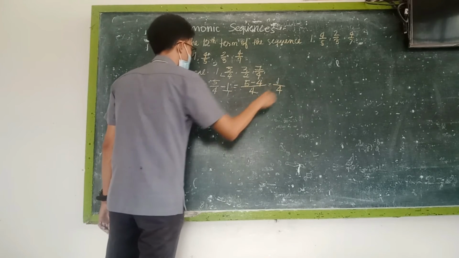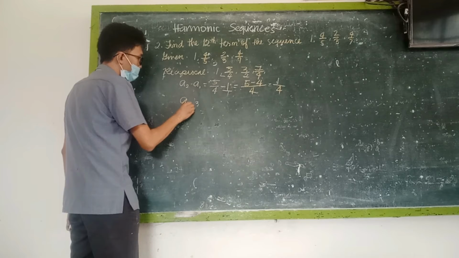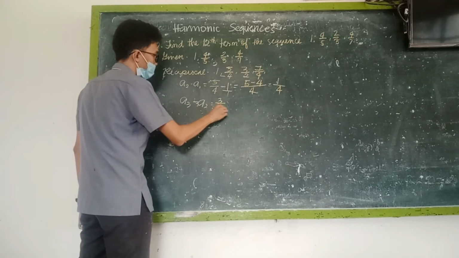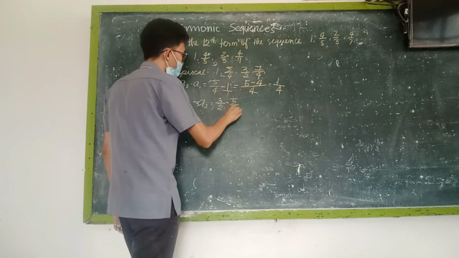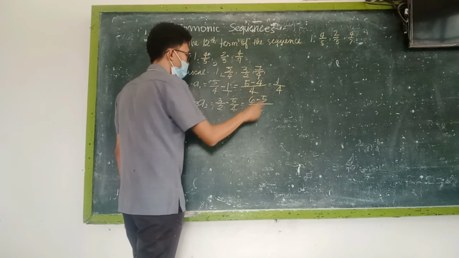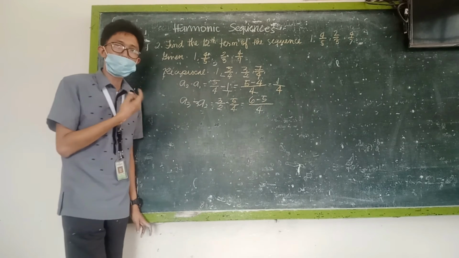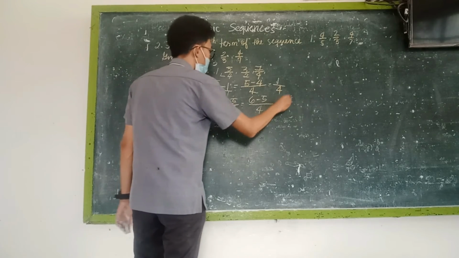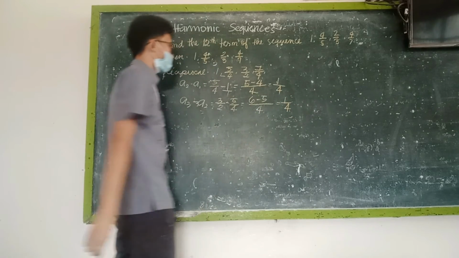So, may 1 over 4. A sub 3 minus a sub 2 is equal to 3 halves minus 5 over 4. So, this is 6 minus 5. We will do the same process, LCD, divided by denominator times numerator. So, the answer is 1 over 4.